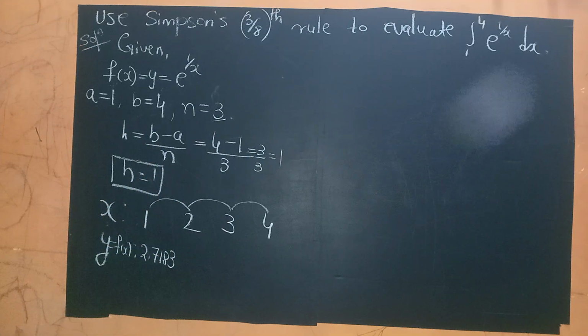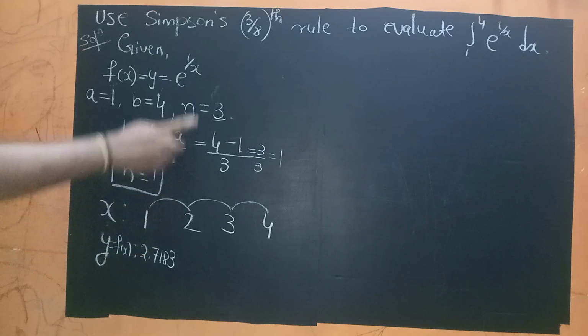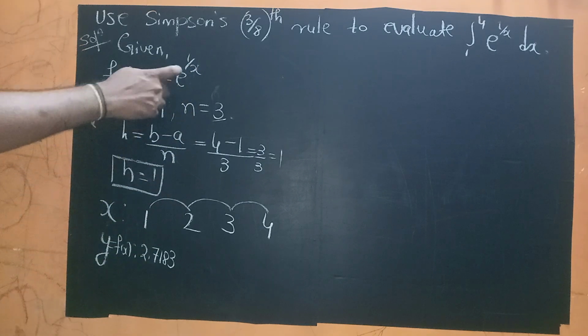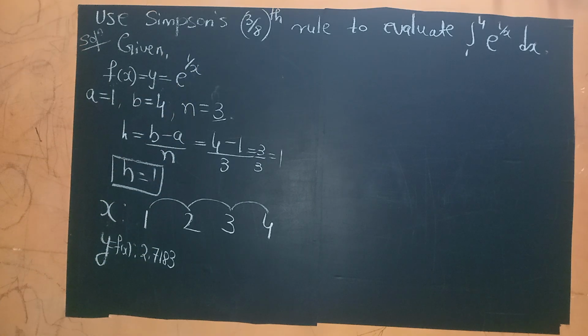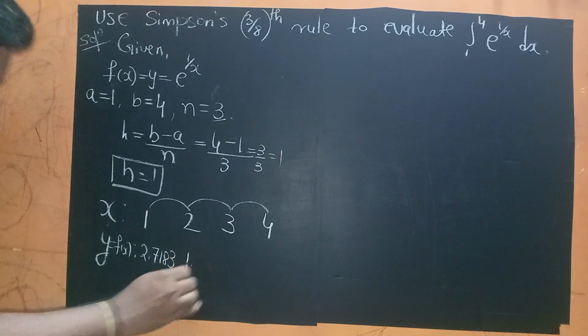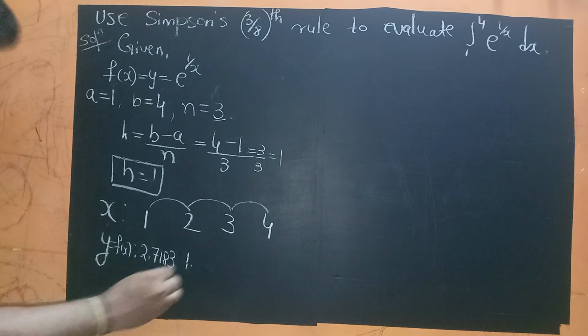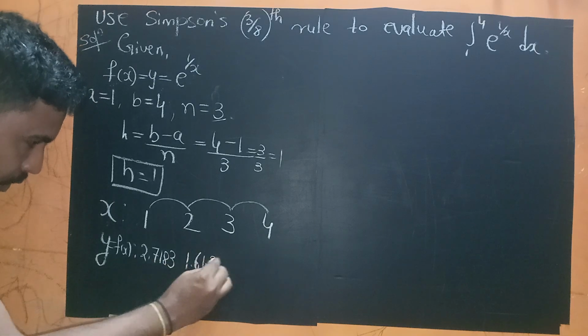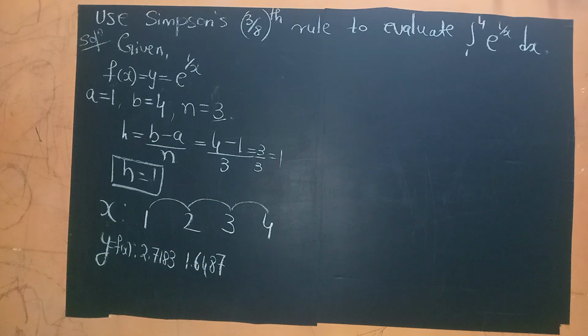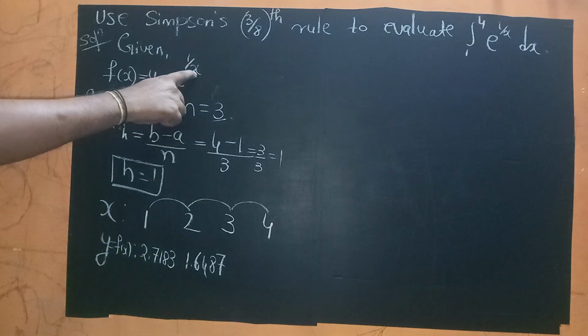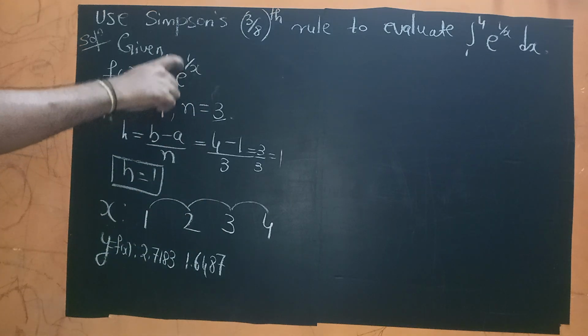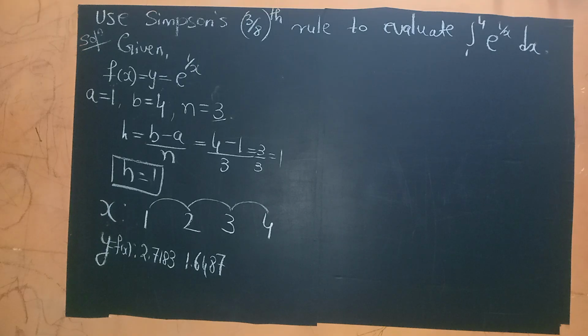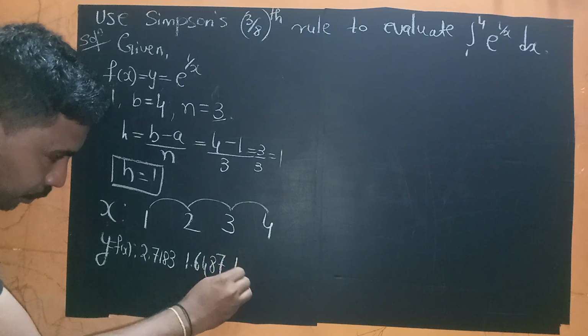If I take x equal to 2, it becomes e power 1 by 2, which is e power 0.5, and its value is 1.6487. Next, x equal to 3, e power 1 by 3, value is 1.3956.